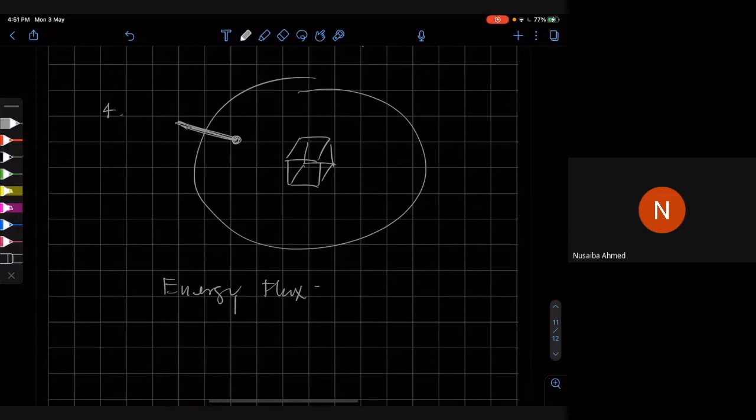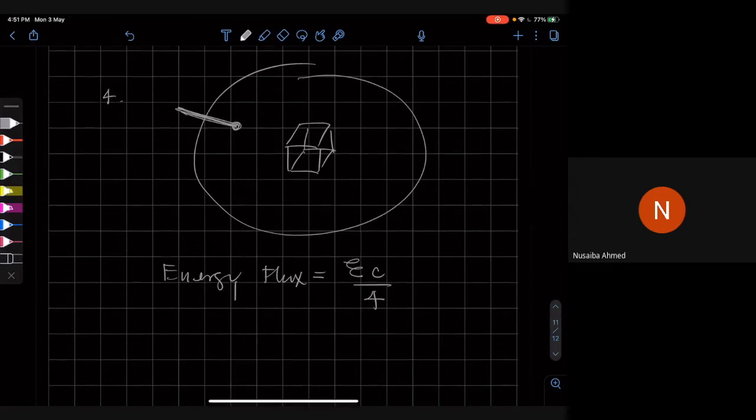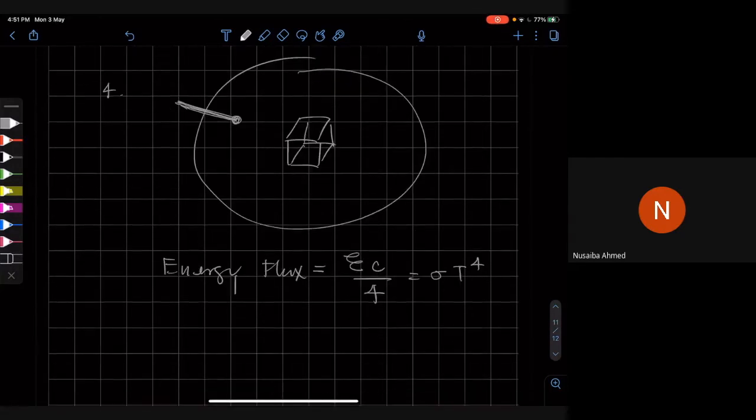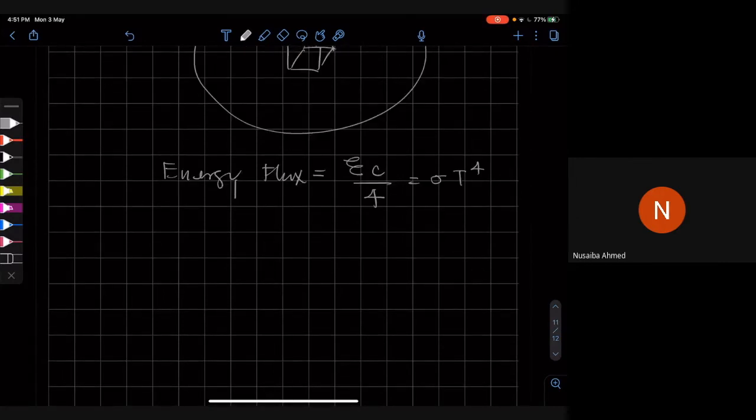That energy flux is given by the energy density times c by 4. This is equal to sigma times T to the power 4. The T to the power 4 comes from here, and sigma is called Stefan's constant. It's kB to the power 4 pi squared over 60 c squared h bar cubed.